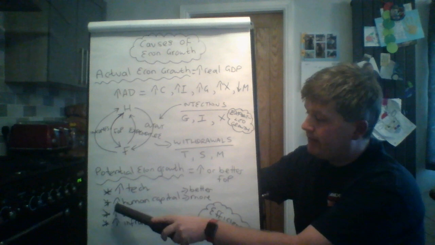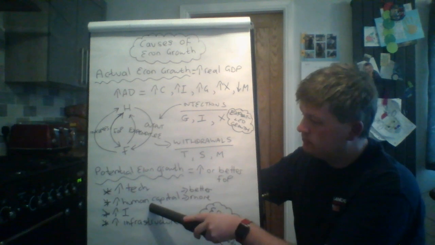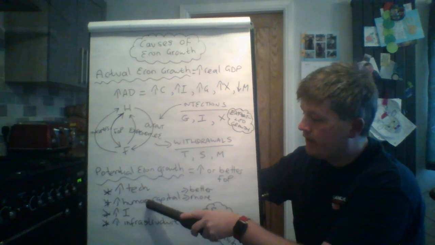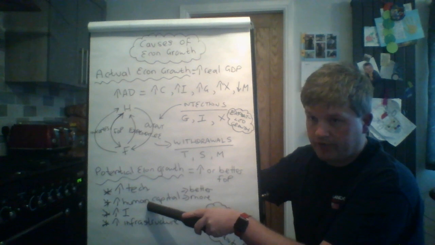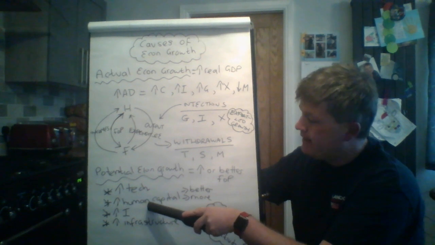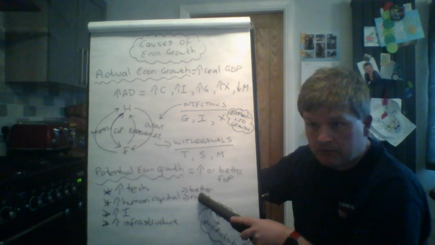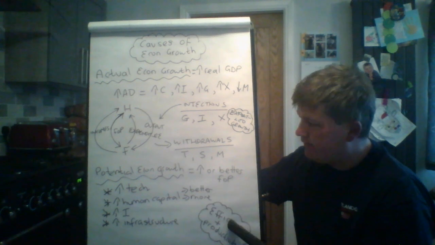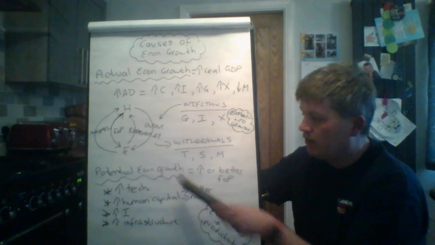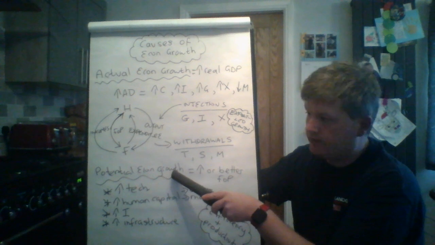Now, another one is to think about it in terms of human capital. What we're looking at here is the quality and quantity of the workforce across the economy. If we make labour more skilled, then again people become more productive. Because they're now more efficient, they're capable of producing more goods and services.